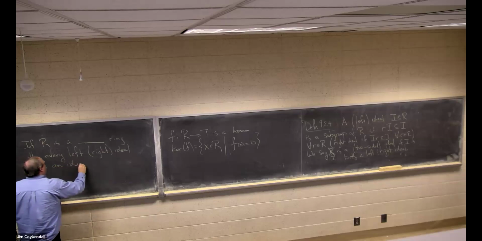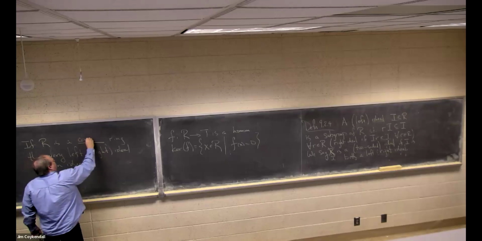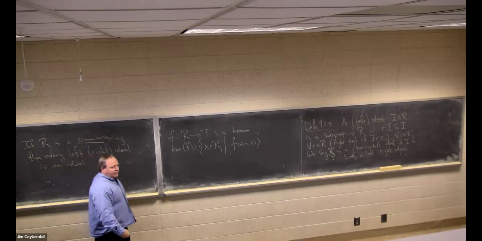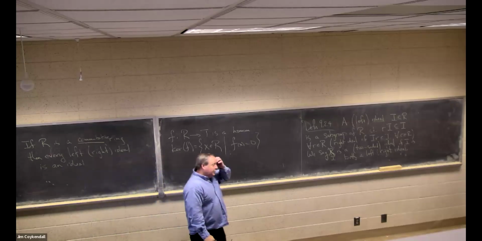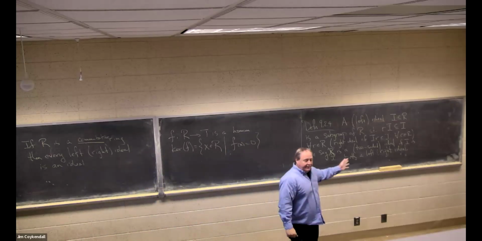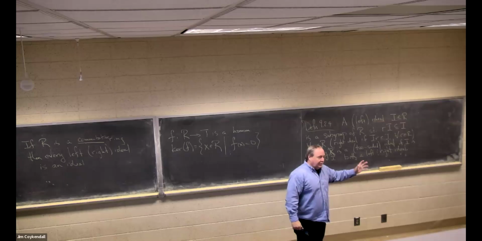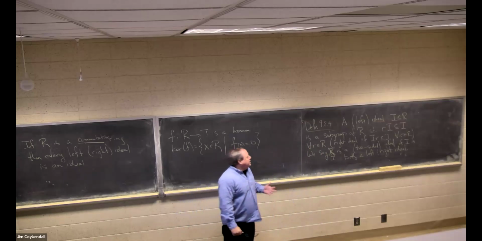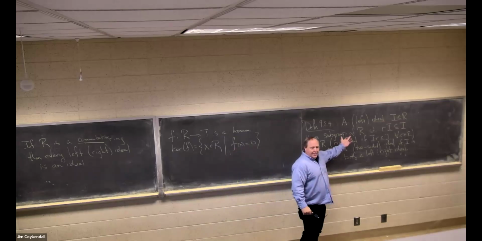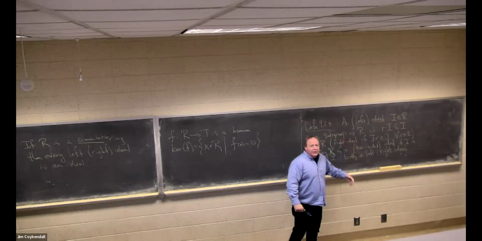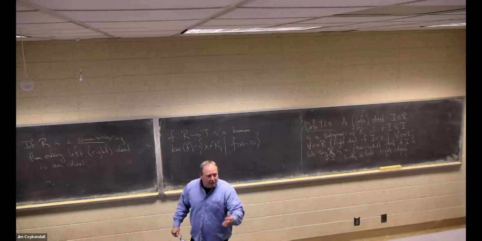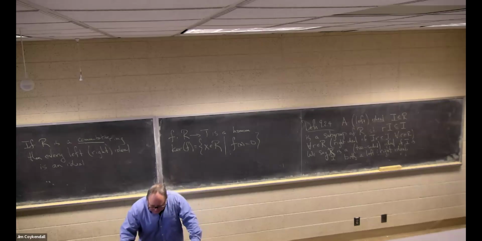Right. If the ring is commutative, then it doesn't matter. If it sucks from the left, it has to suck from the right, and vice versa, because the order of multiplication doesn't matter. The only time you need to worry about the distinction of left and right ideals is if the ring is not commutative, like a matrix ring or something like that.